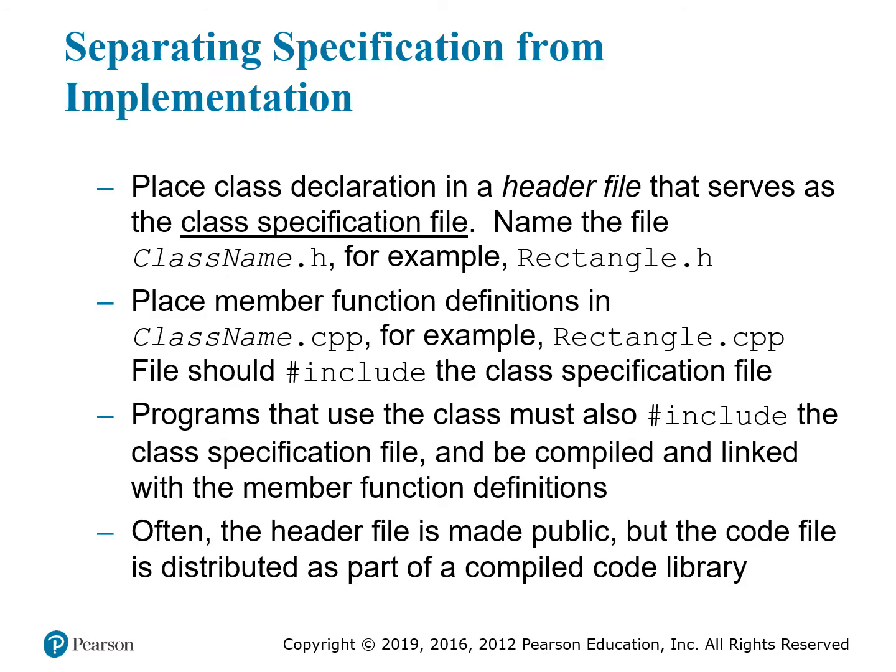Another way you do this in practical C++ is to place the class declaration in a header file, and then the function definitions, the actual source code, in a .cpp file that's separate from your main .cpp file.